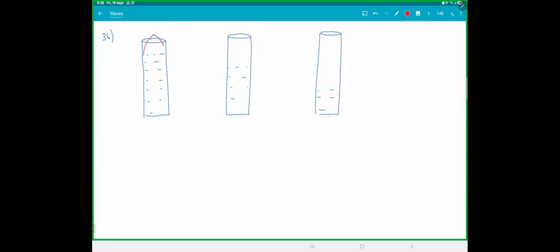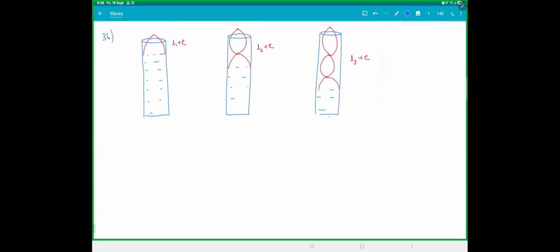So the first one is this, L1 plus E. This is L2 plus E. This is L3 plus E. There you can clearly see the difference.